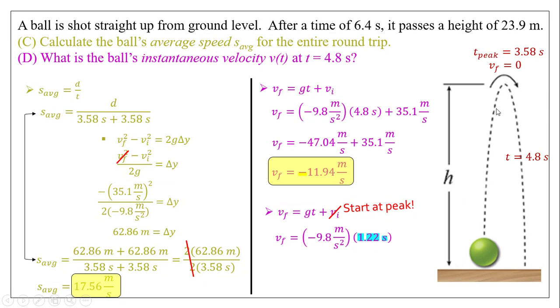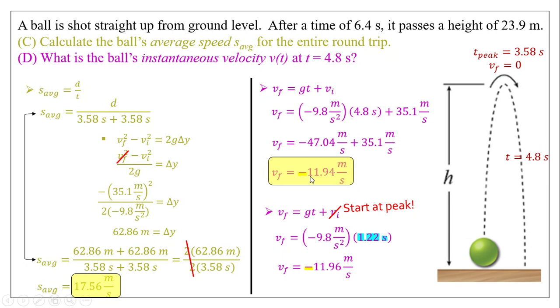So watch my cursor. It takes 3.58 seconds to get here, and then from 3.58 to 4.8 is another 1.22 seconds, and that's what I'm using. So I like to start at the peak because my vi is 0. So if you simplify this on your calculator, you'll get also a negative value of 11.96.